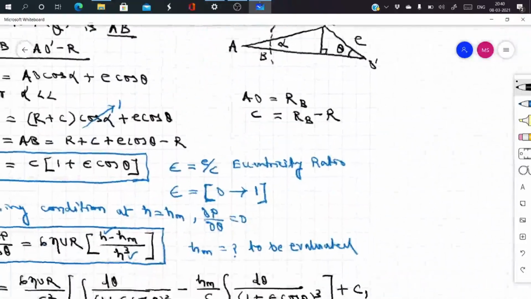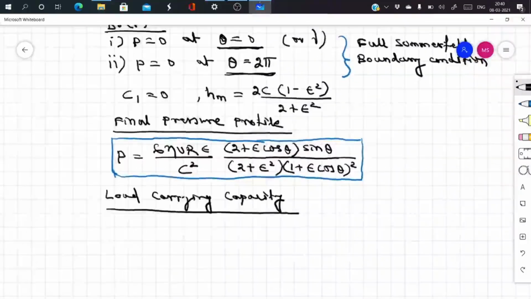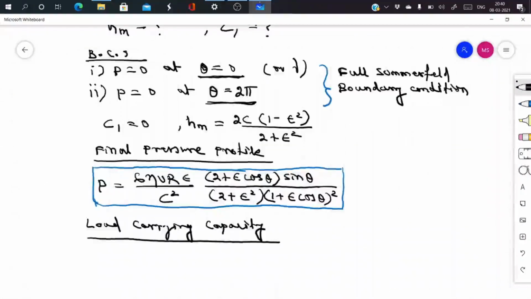Then the two components of the load, that is Wx equal to W cos phi equal to minus L integral 0 to 2 pi p cos theta r d theta.